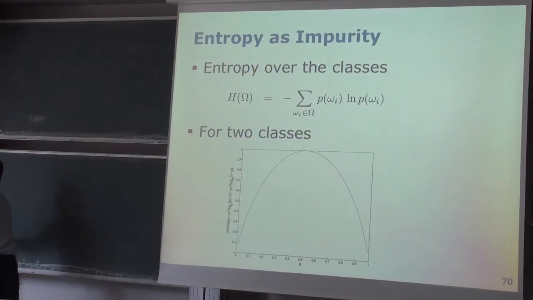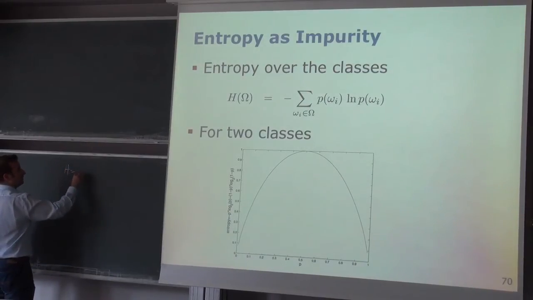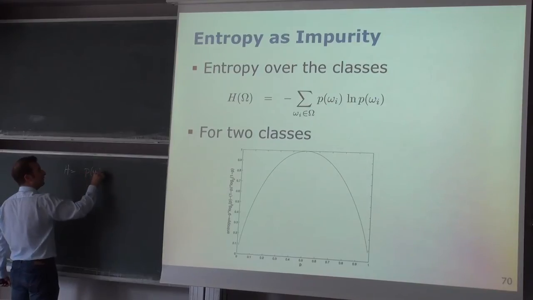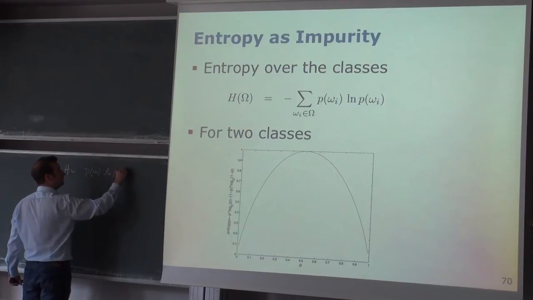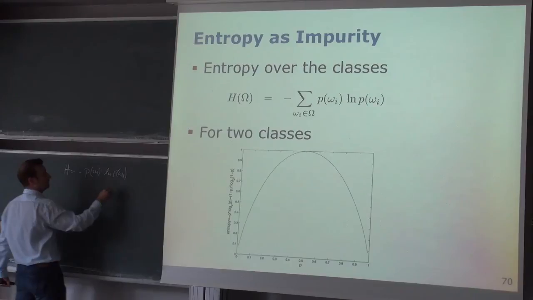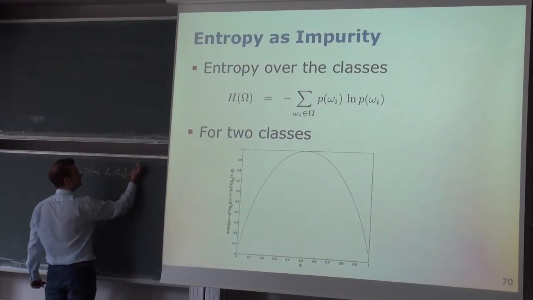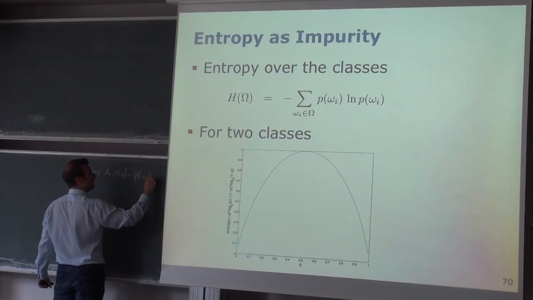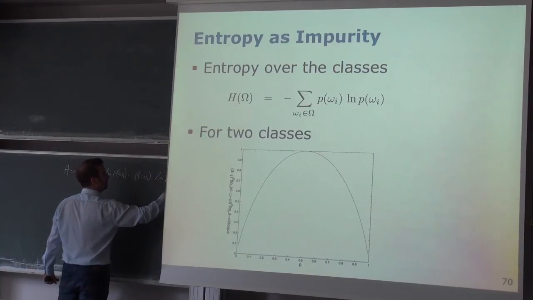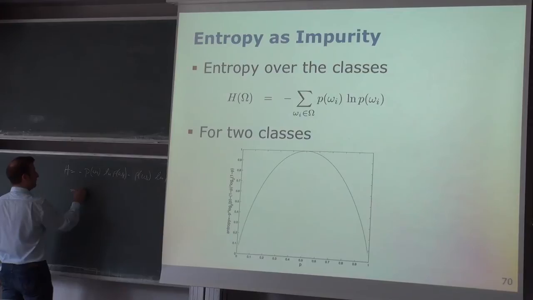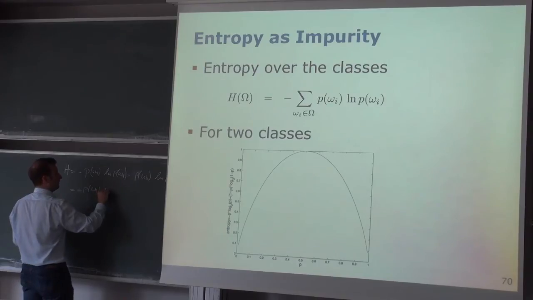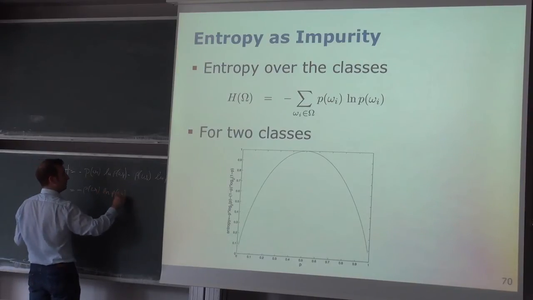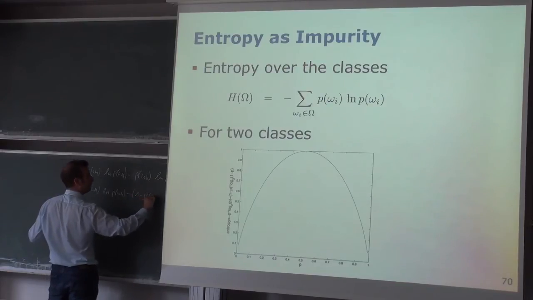For the binary case, the entropy is minus P(w1) ln P(w1) minus (1 minus P(w1)) ln (1 minus P(w1)).